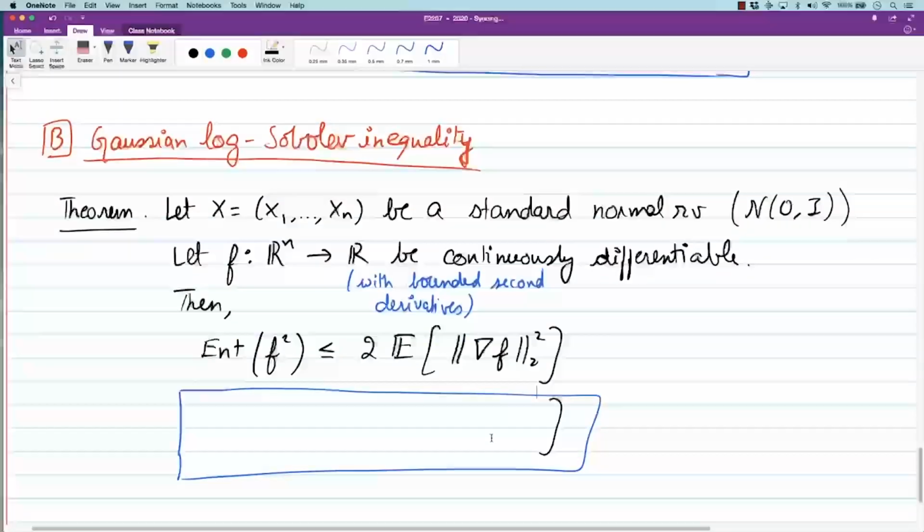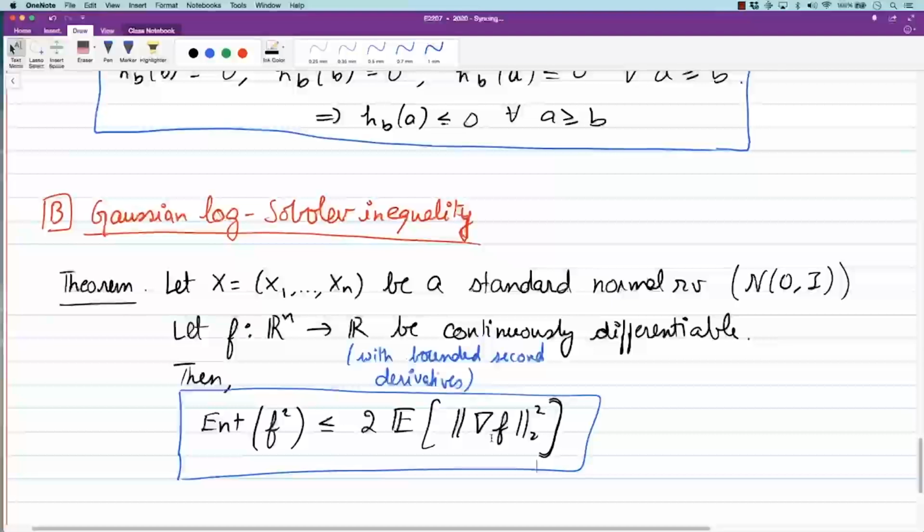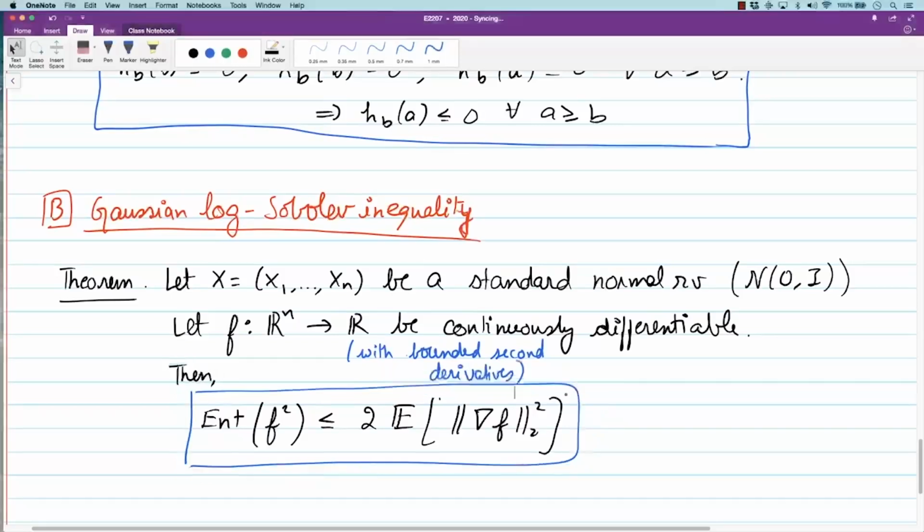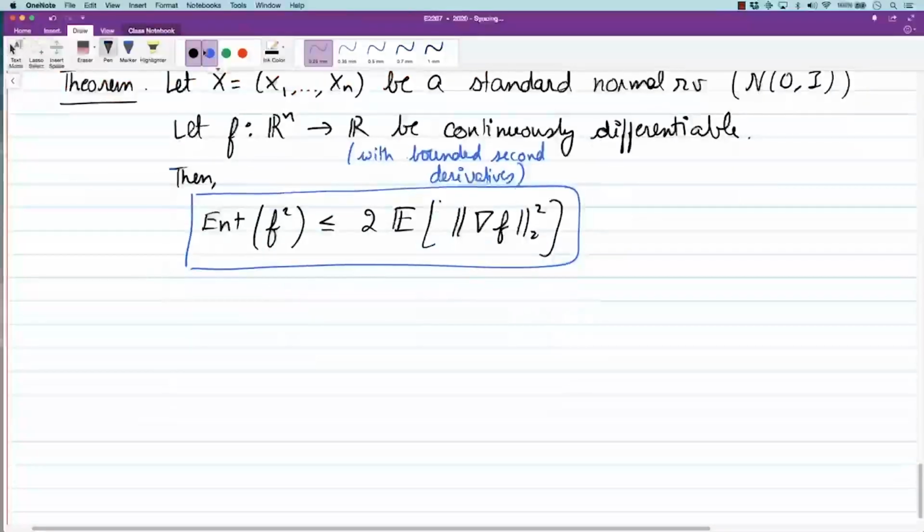That's the inequality. This is the Gaussian log-Sobolev inequality. Okay, so how do we show this? The proof is very similar to what we did earlier. I'll just give a proof sketch.